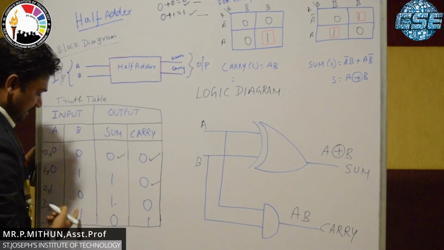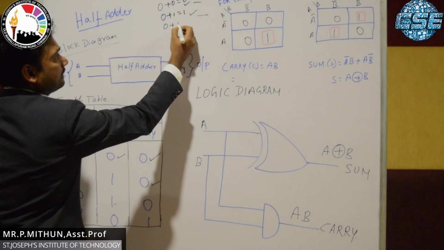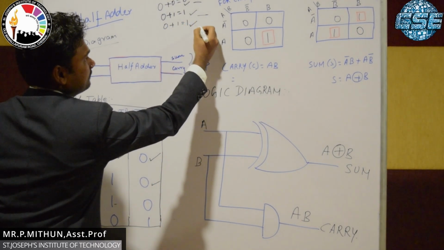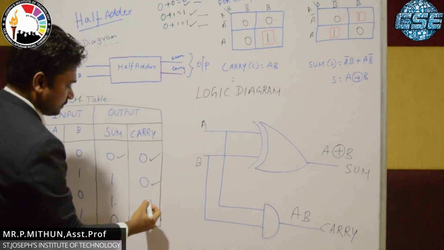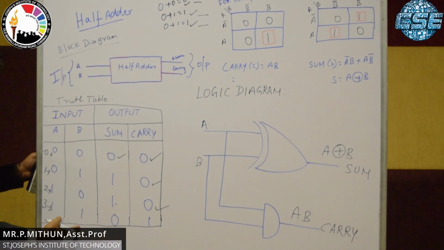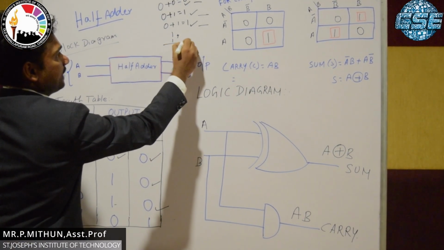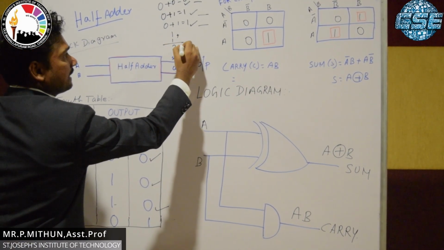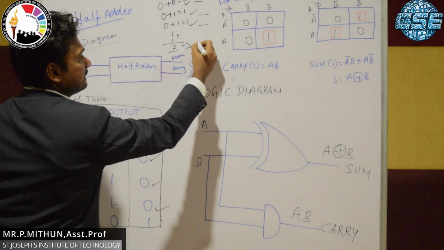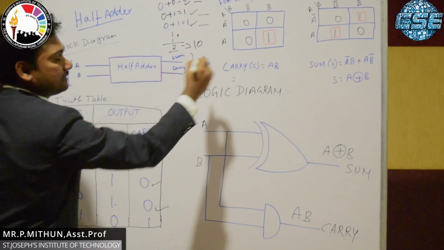The next one, in the same way, 0 and 1: 0 plus 1 equals 1 as in the previous case, so 1 is the sum and there are no additional bits, so carry is 0. The last one is 1 plus 1, which equals 2. The corresponding binary digits for 2 are 1 and 0.